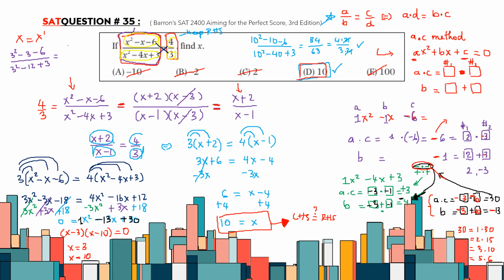So 9 minus 3 minus 6 equals 0, all over 3 squared is 9, plus 3 minus 12 is 0 as well. So this one is not the answer, because we have undefined, right? So 3 is not the answer, only x equals 10.